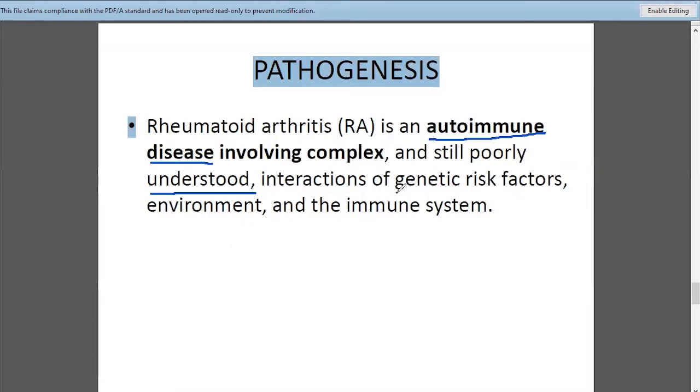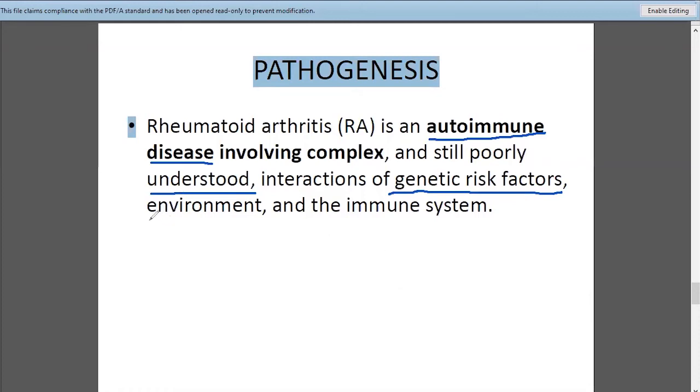So we still say it may have a relationship with some genetic reasons. Usually we see that family members have more chance of getting the same illness. Like if the mom or dad has this kind of arthritis, their children will have more chance to get it.